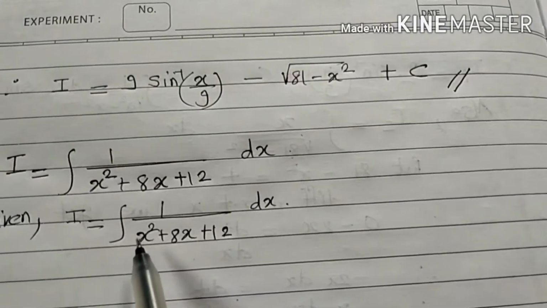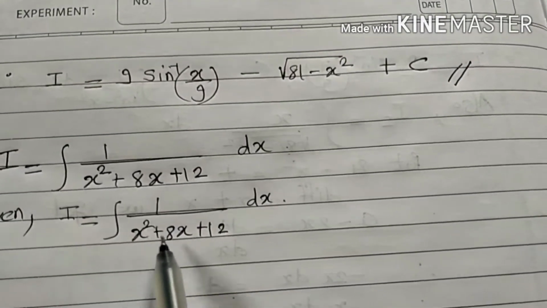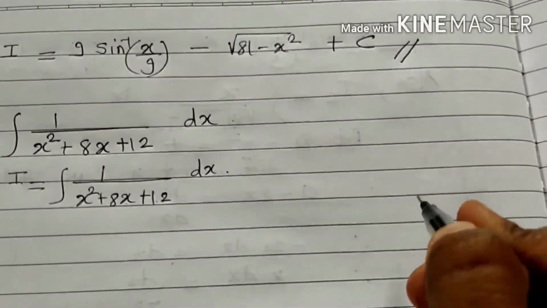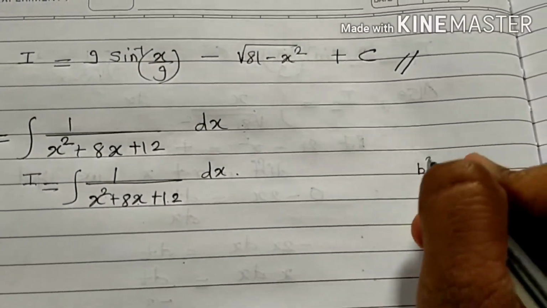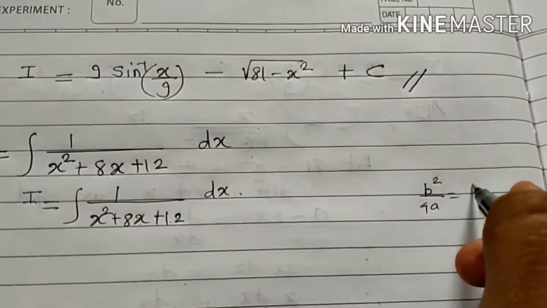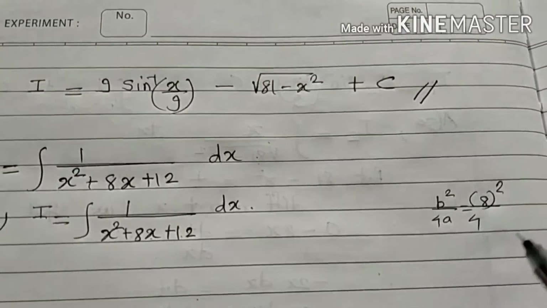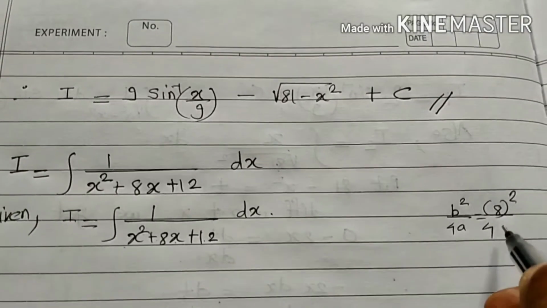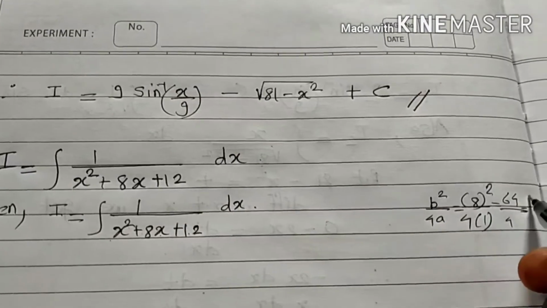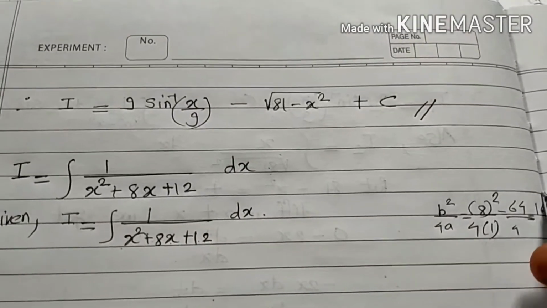Suppose here it is ax square plus bx plus c, and there is one formula which is b square upon 4a. So what is b? b is 8, so 8 square upon 4, and a is 1, so 64 upon 4 which is equal to 16.